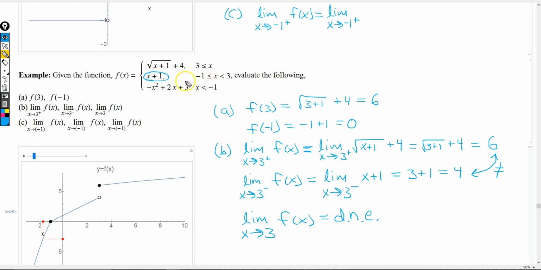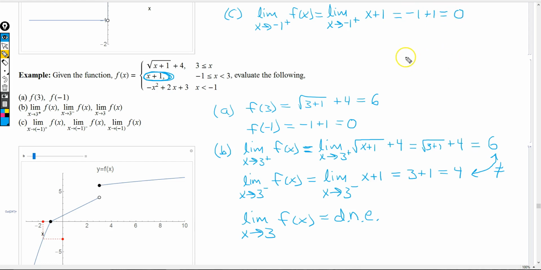So once again, we want to use the middle piece of the function, because when x is a little bigger than -1, we should be using this one. So it's going to be x plus 1. Now I can just plug -1 in here for x, and that is equal to 0.